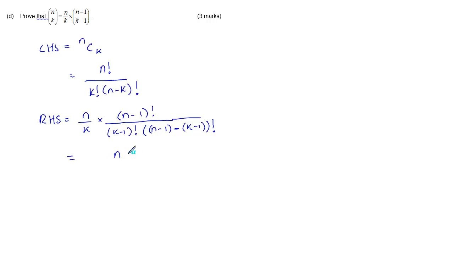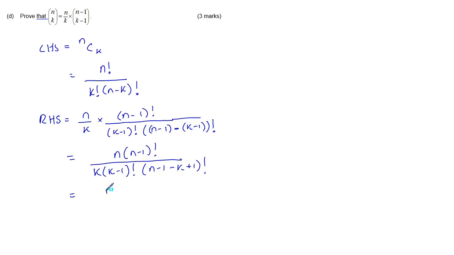So that's going to be n times (n minus 1) factorial over (k minus 1) factorial, multiplied by (n minus 1, take away k plus 1) factorial.